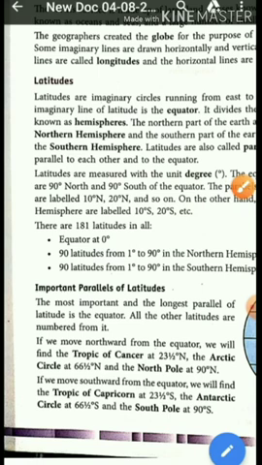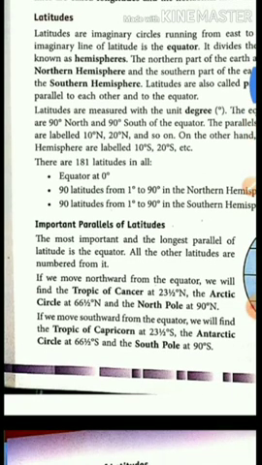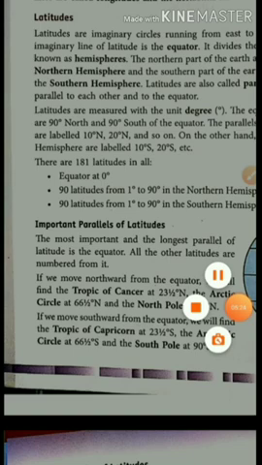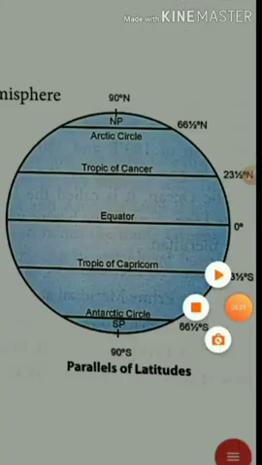Another important thing we have to remember is how many latitudes there are on the globe. So there are 181 latitudes on the globe. Now I will show you how there are 181 latitudes on the globe.